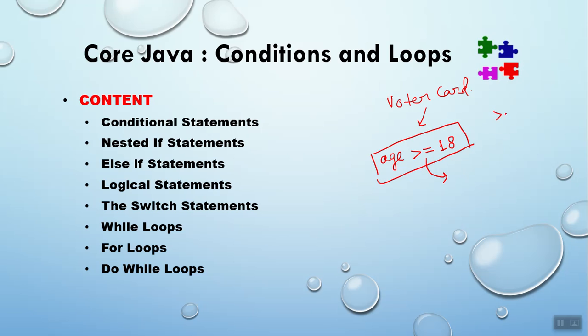However, this is greater than or equal, and I will show less than or equal. And this is the assignment operator. Remember that in Java, this is the assignment operator, and when you use two equal signs, it means equal. Otherwise, if you use only one, it means the assignment operator.